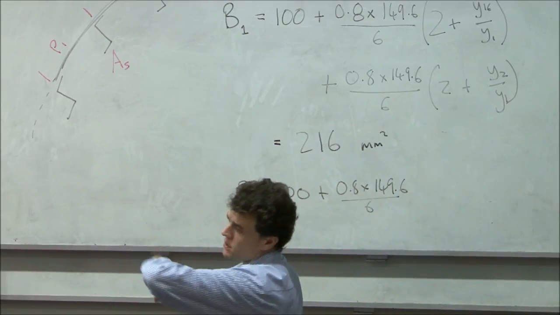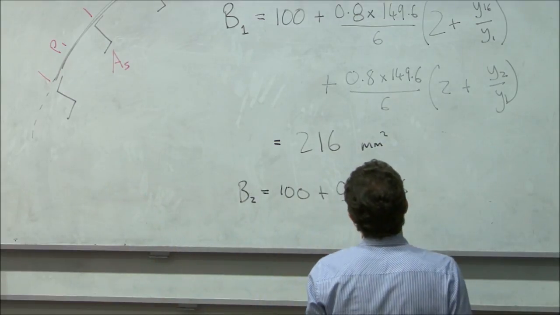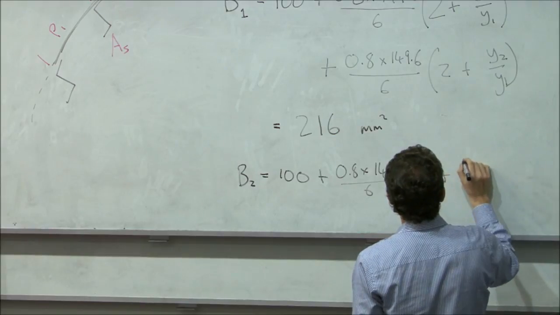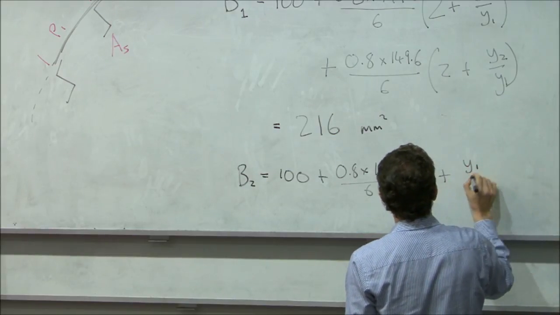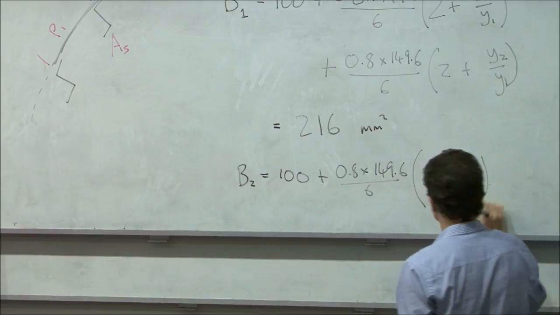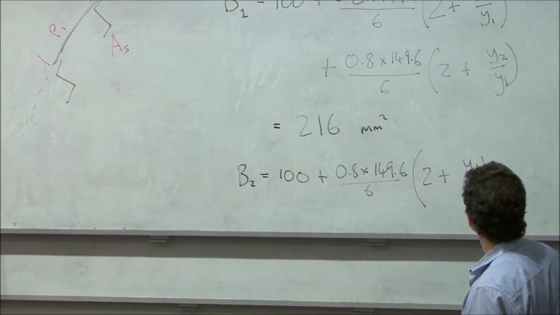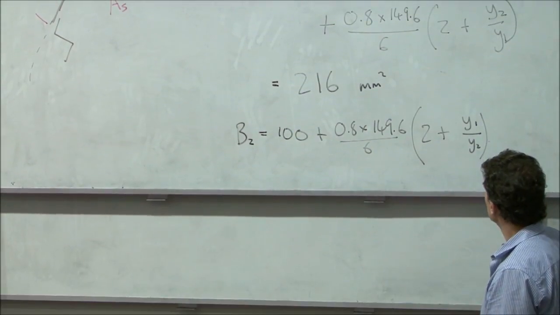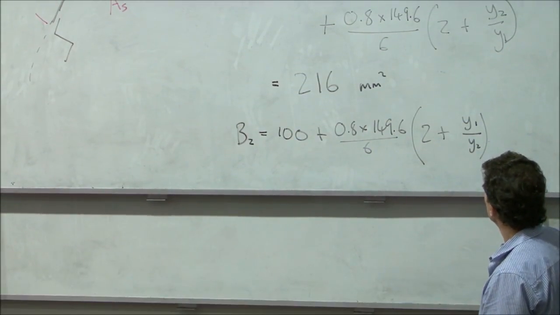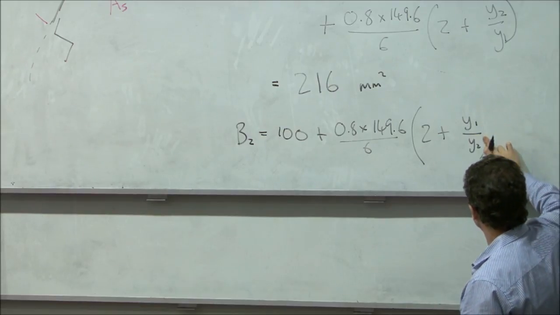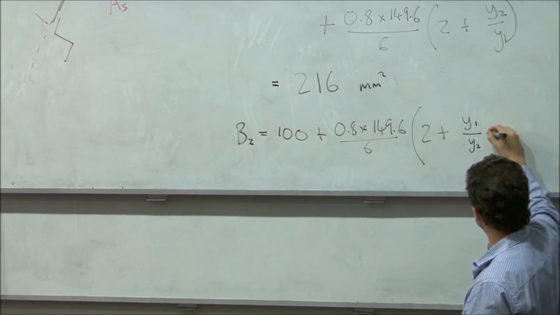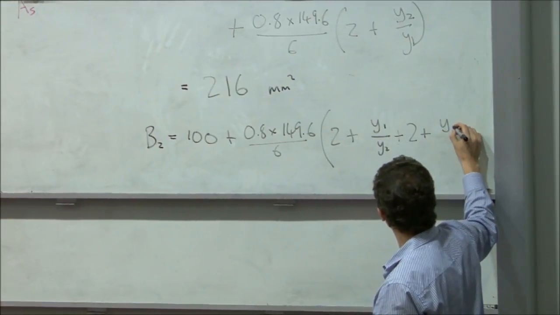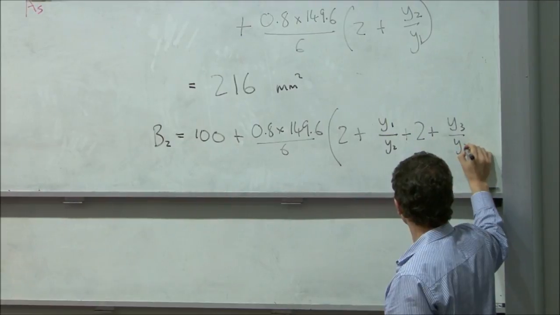All the panel spacings are going to be 149.6. 2 plus y1 over y2, and I'll chuck the next bracket in here as well, plus 2 plus y3 over y2.